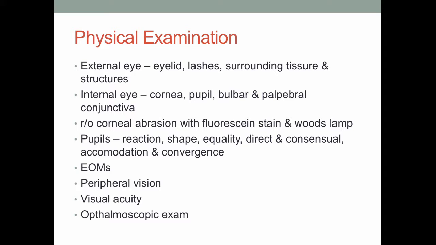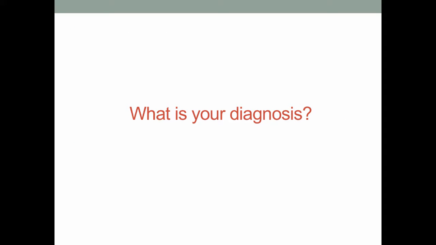So now, narrow down for me what you think the possible diagnosis for this child is, and what your next steps might be for this child. So jot down what you think the diagnosis or your top differentials are for this particular child.